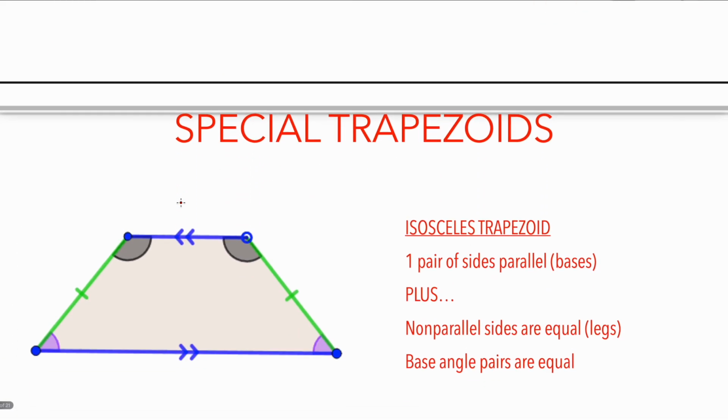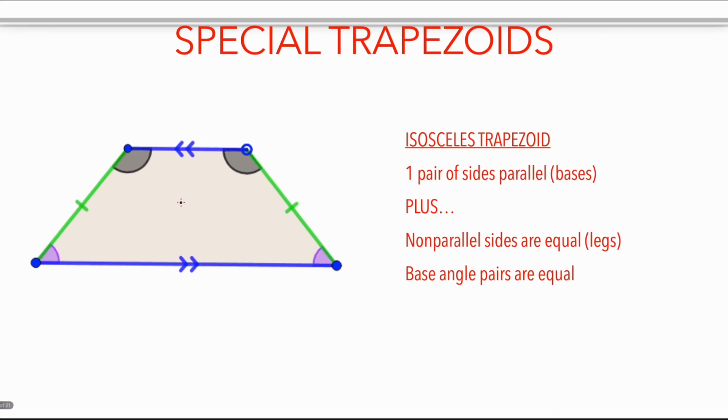Now there is one special trapezoid that we can talk about, which is the isosceles trapezoid. Again, you have one pair of base sides that are parallel, but the other two sides, these legs, are equal. So if this is 5 centimeters, then this is 5 centimeters.